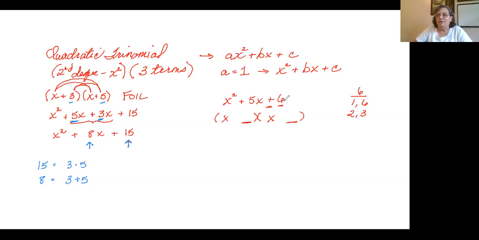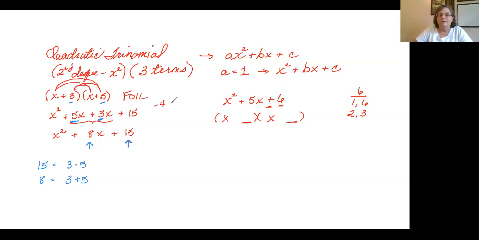When you multiply two numbers that have the same sign, you'll get a positive. So we know these are going to have the same sign. And when you add two numbers that have the same sign, you add the number parts and keep the sign, right?